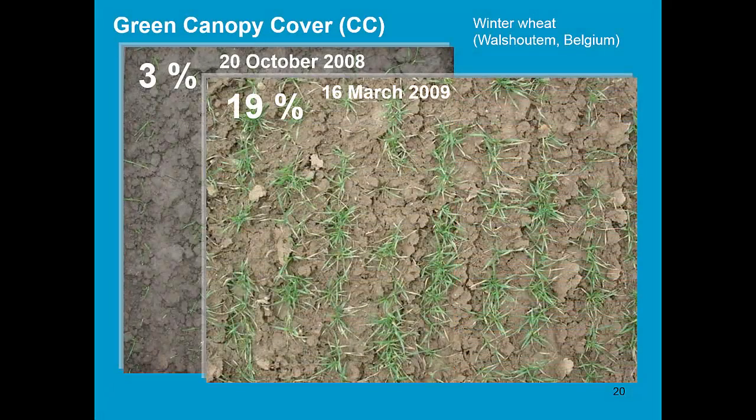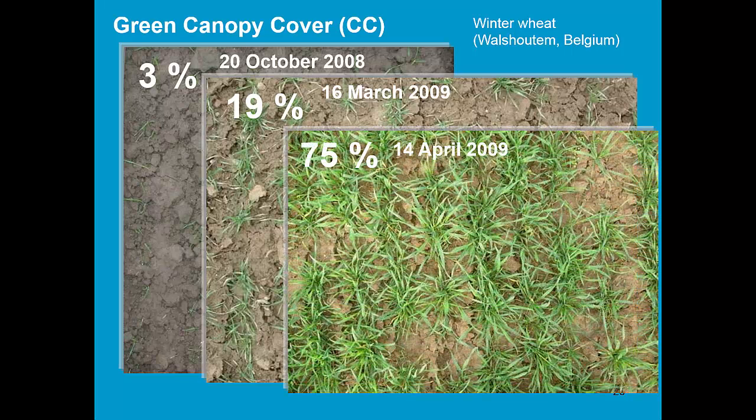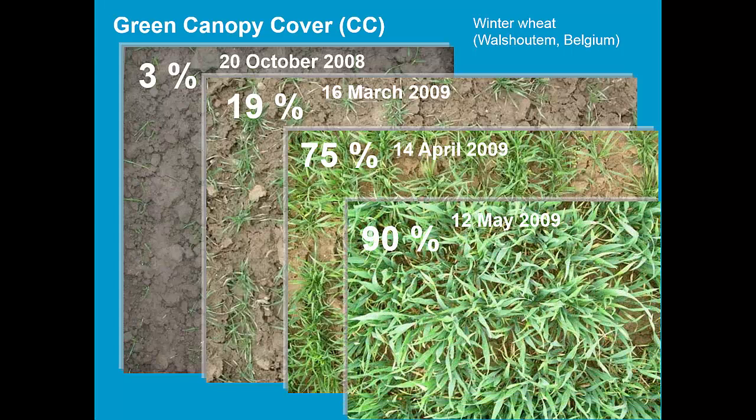After the winter, in early spring, the canopy starts to develop, and on the 16th of March it was noted that we have 90% canopy cover. 1 month later, the canopy cover had already reached 75%, and 1 month later we are already at 90%.